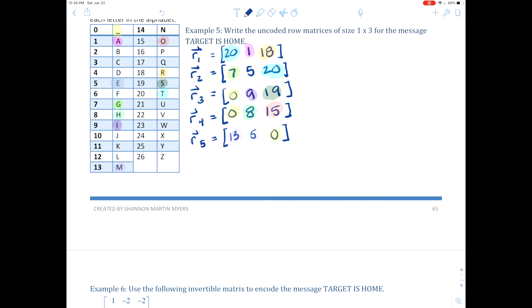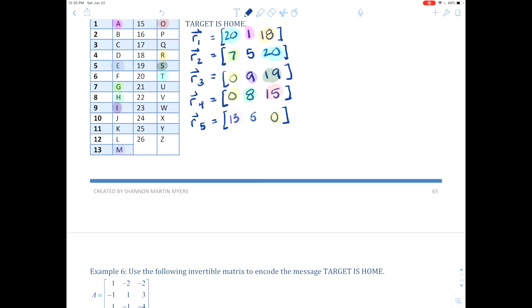You could do a 16 by 16. And what would change is that your row matrices would be adjusted. So for a 6 by 6, you would have rows of dimension 1 by 6 instead of 1 by 3. Cool?